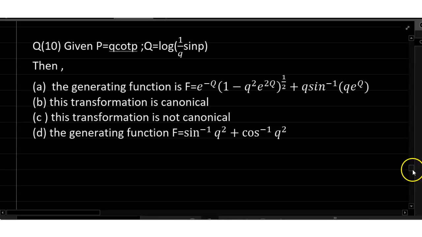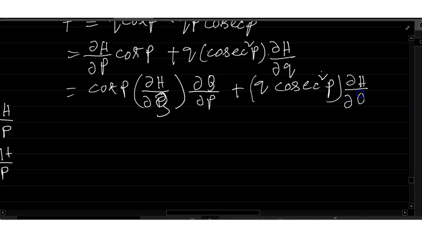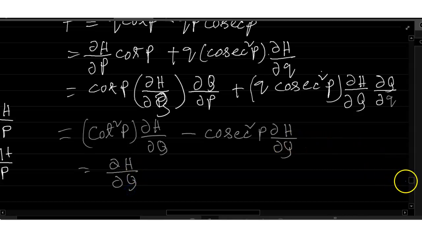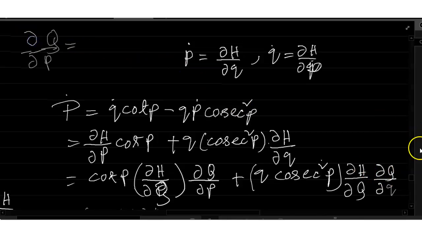The canonical transformation given is capital P equals Q cot P and capital Q equals log 1 by Q sin P. Then the generating function gives del H by del Q divided by del P: cot square P del H by del Q minus cosec square P into del H by del Q, and after that we get del H by del Q. So friends, here you have to remember del H by del P. What is the value of Q?